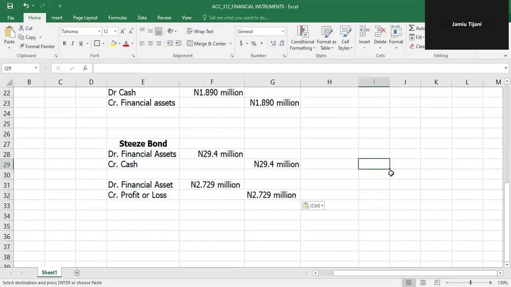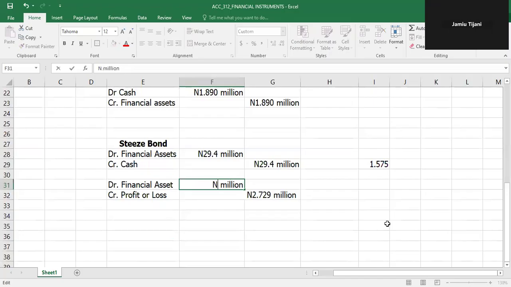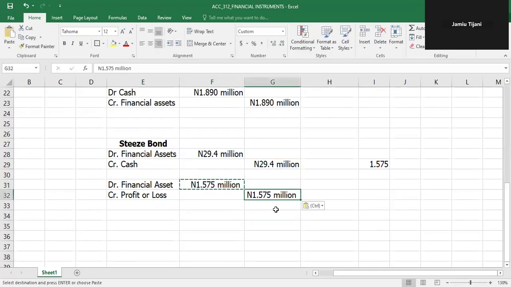So if you apply 5% on the nominal value of 31.5 million, that will give us 1.575 million. So change this one to 1.575 million.